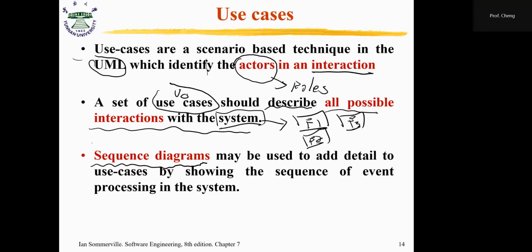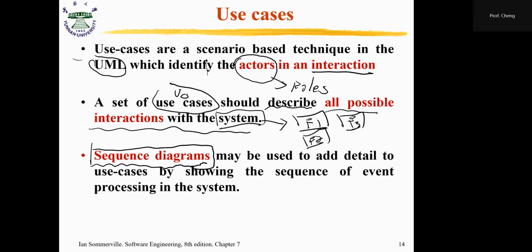So when you draw the sequence diagram, how do you think? Sequence diagram is for user to read, for customer read, or for system development team to read? For the developers. Yes, right. For the developers. Sequence diagram, I will show you later.